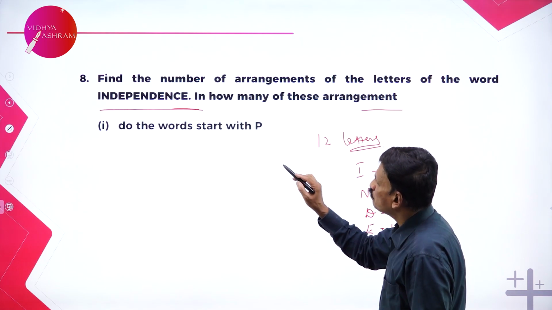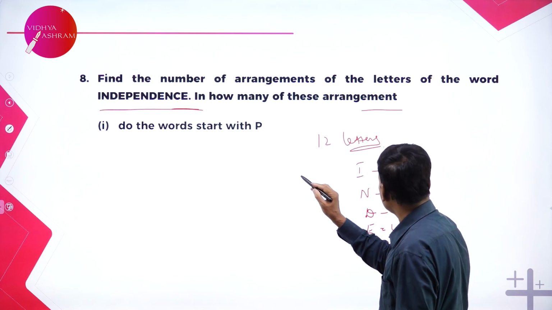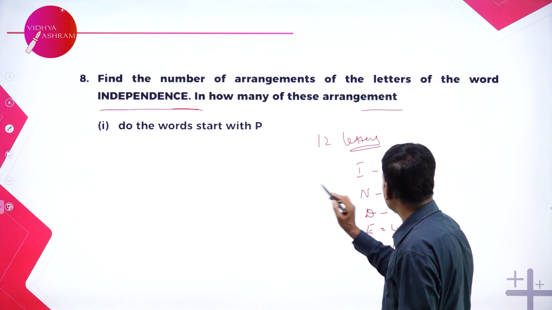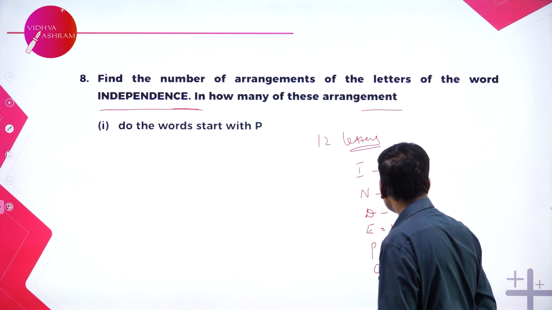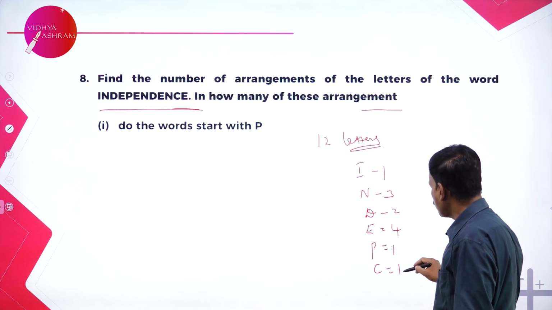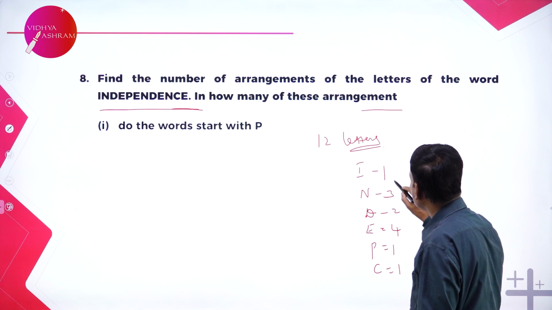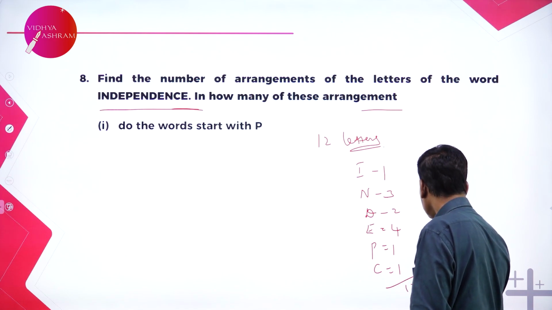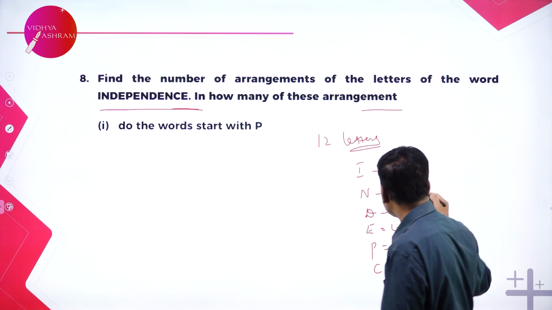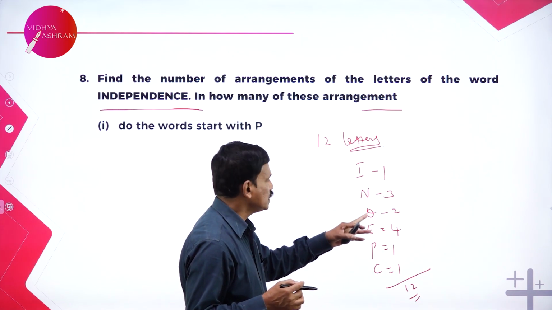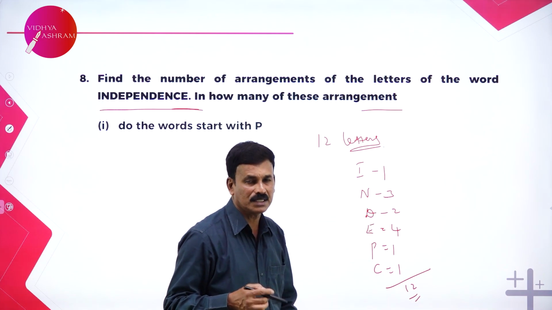Then P, only 1 P. E already we taken, V there is 1, N is also taken, D is also taken, and 1 C. So count it, 4 plus 1, 5 plus 1, 6, 6 plus 2, 8, 8 plus 3, 11 plus 1 is 12 letters, right? So the given word independence contains 12 letters, out of which there are 3 N's, 2 D's and 4 E's and all remaining single letters, right?